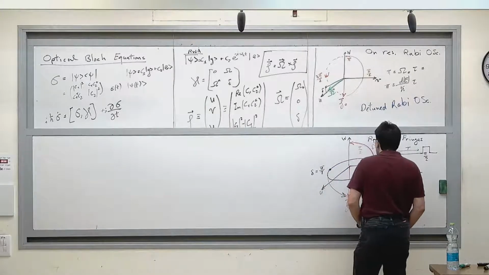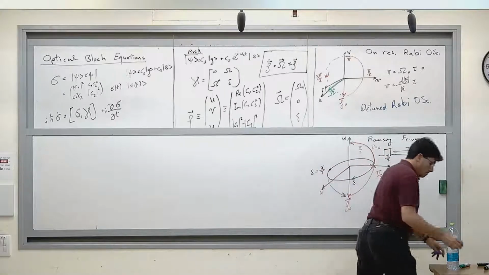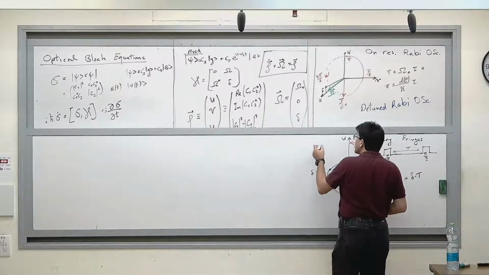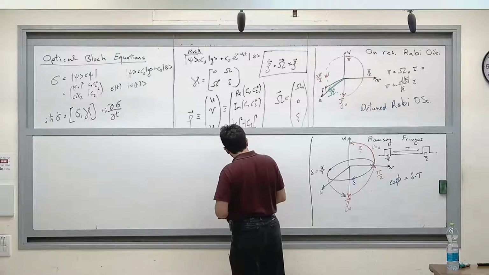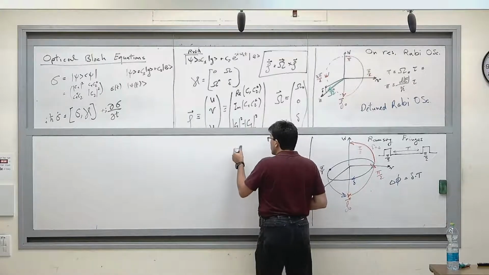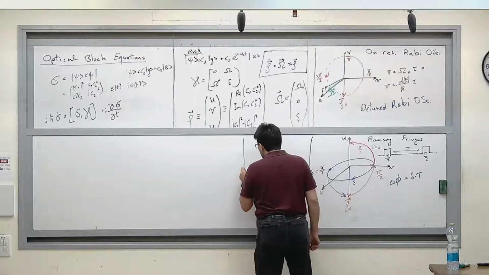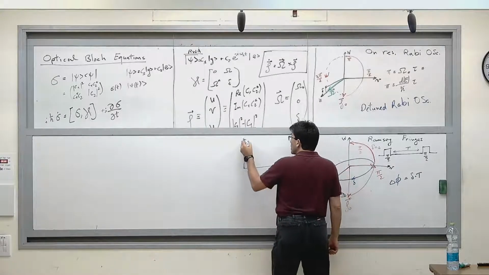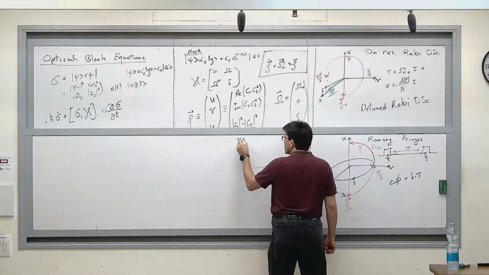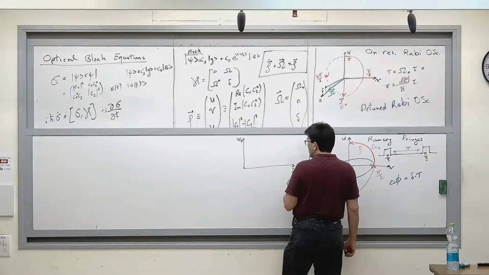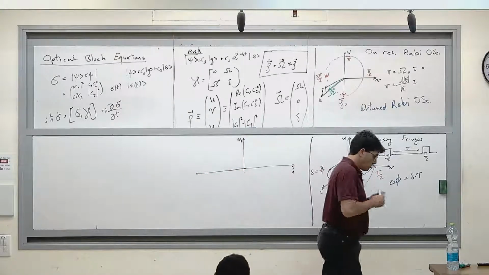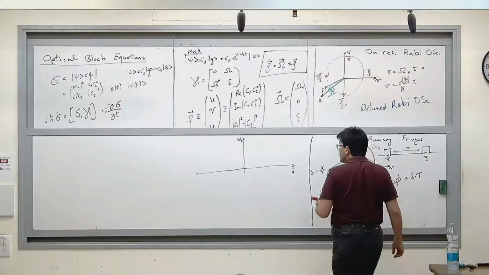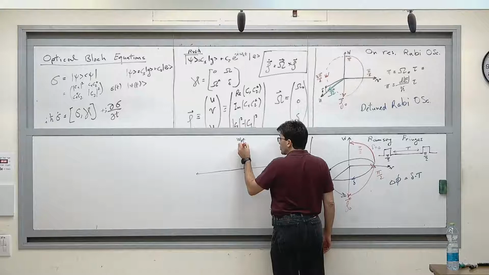So you can actually calculate what W final is as a function of the detuning, and it looks basically like this. At 0 detuning, we go up to plus half.